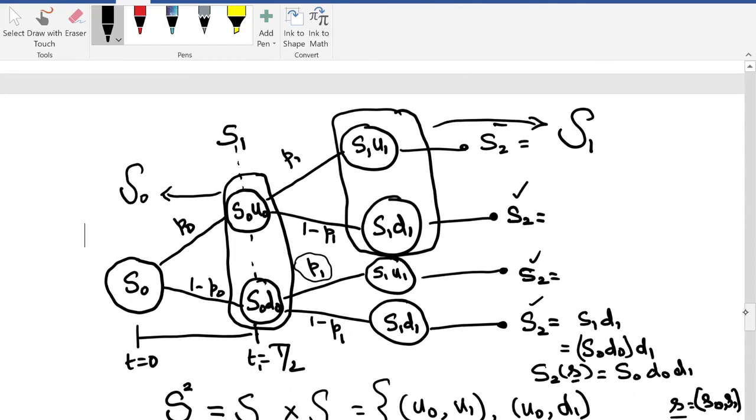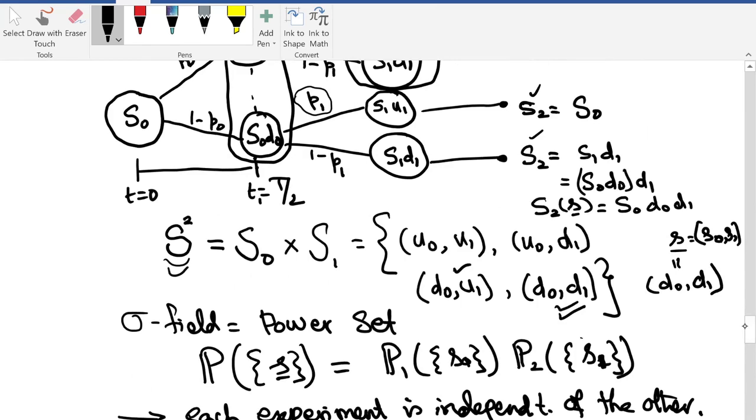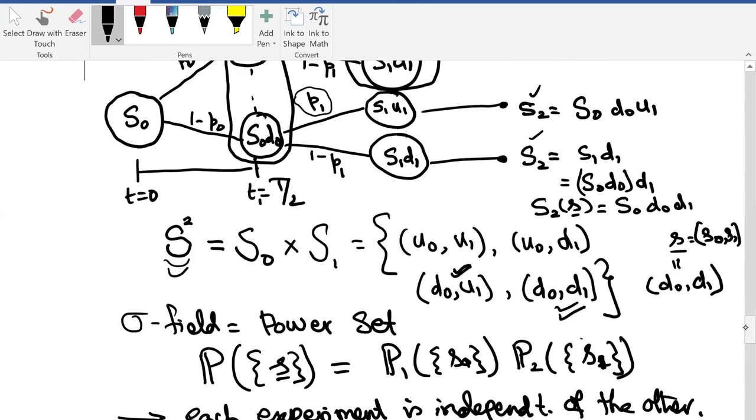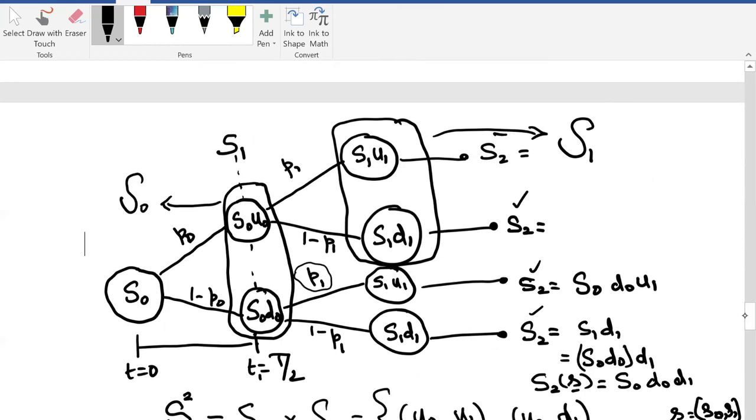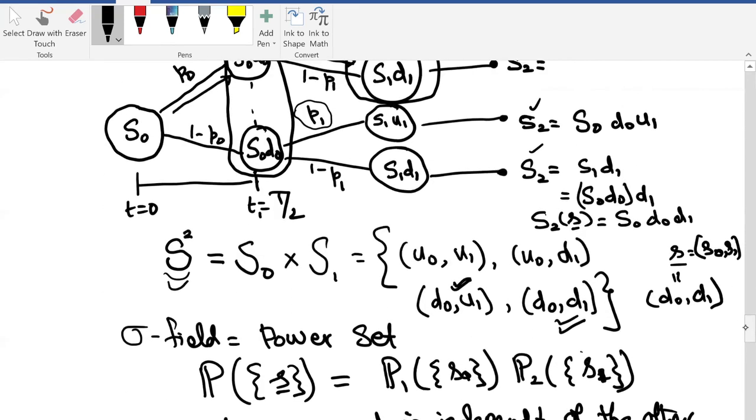In this case it is S naught, your vector small s is D naught comma U1, that is this vector. Similarly, if you go here, first you came through U naught and then went to D1, right? So it means your s is this vector.